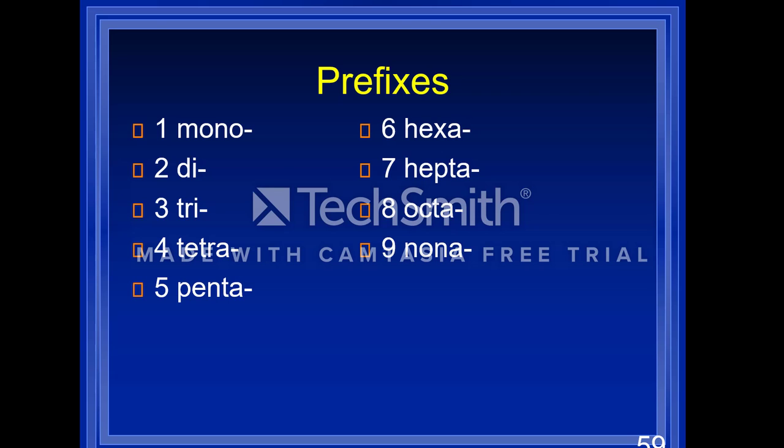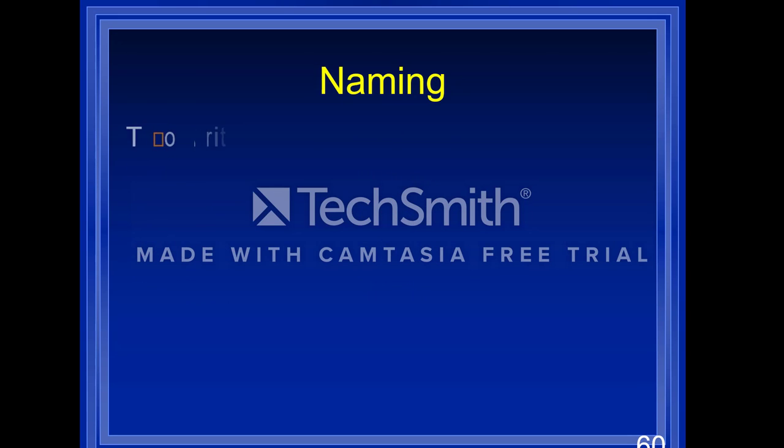And 10 is deca, like decade. Deci is 10, deca is 10 bigger. And they go on from here. Some people have the irrational fear of the number 13. That's triskaidekaphobia. Tris, 3, dec, 10. 3 and 10 is 13. So they show up in other places. So that's the prefixes. That's how we're going to say how many. We just have to know how to use it. So to write the name, you write 2 words.